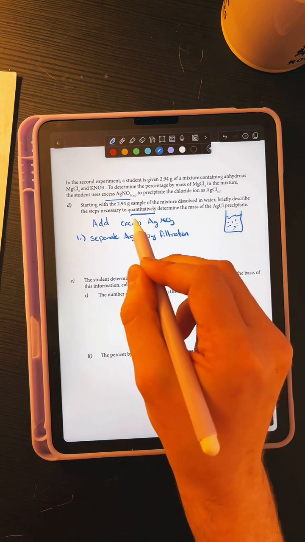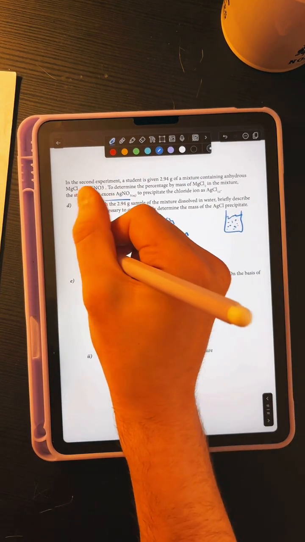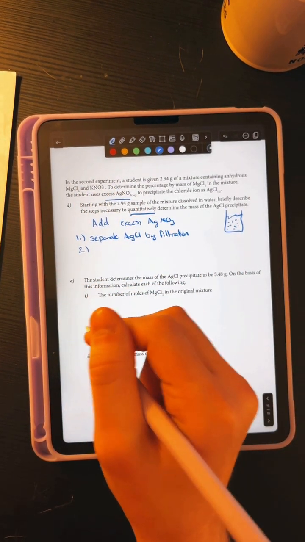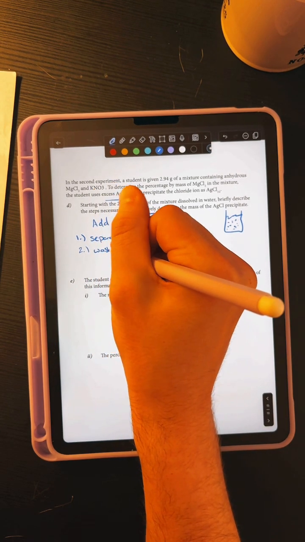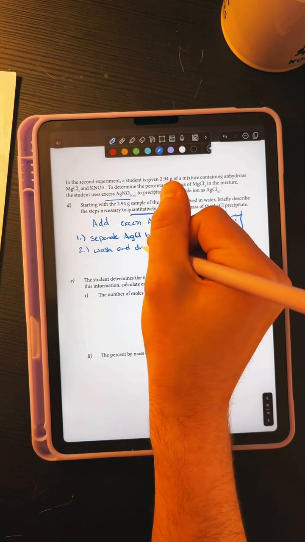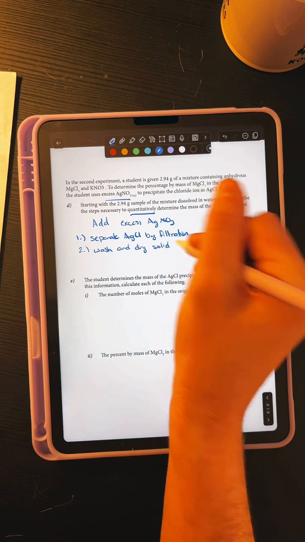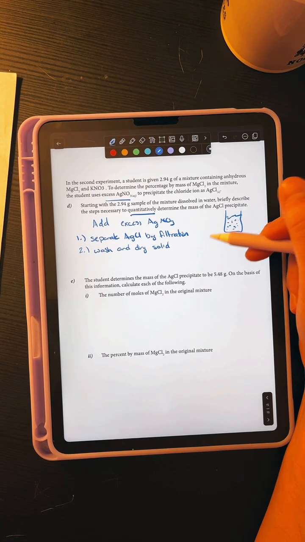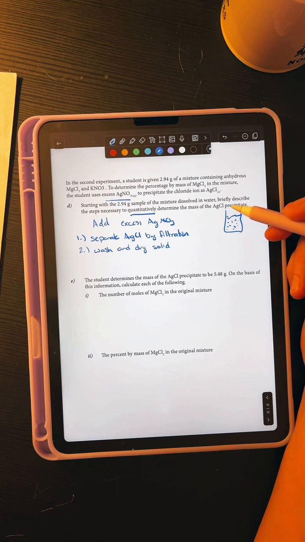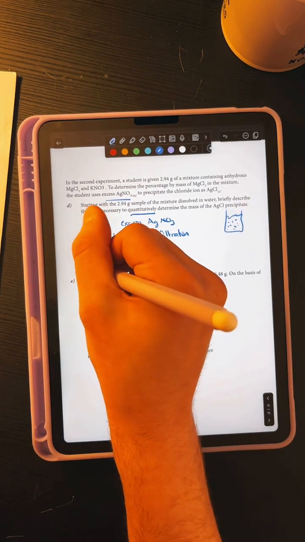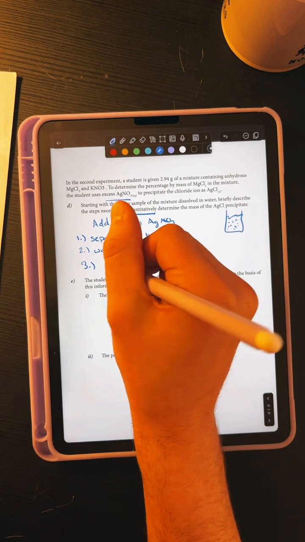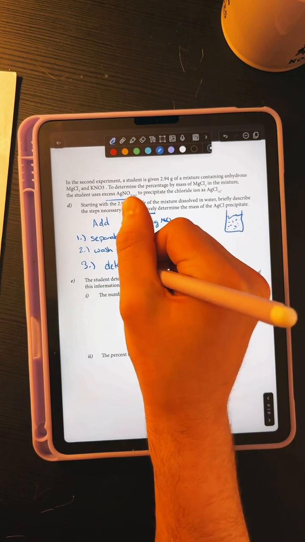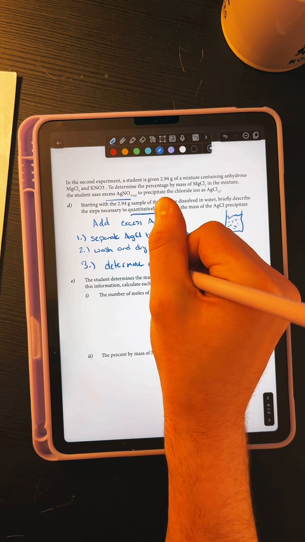But we want to quantitatively determine the mass. So what we want to do next is wash and dry that solid, because we don't want any impurities. We just want our pure silver chloride. And then the third step, once we dry it all out, is to determine our mass.